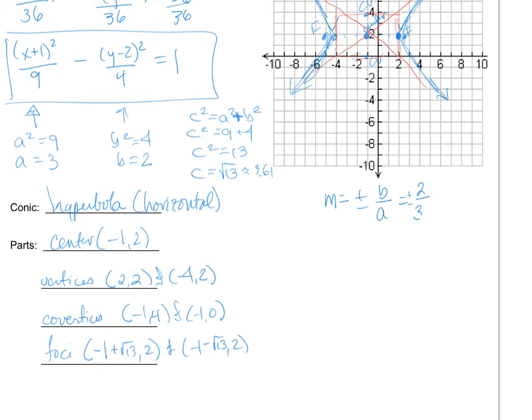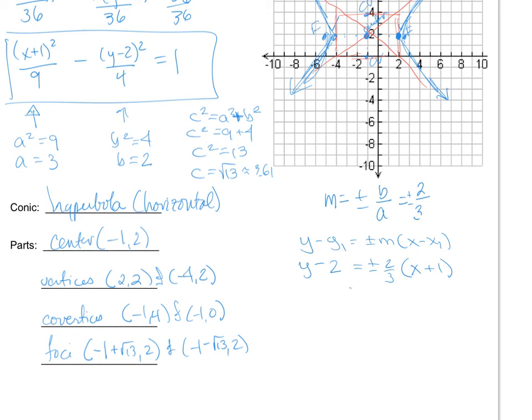Now, it's not centered at the origin, so I'm going to use the point-slope formula. y minus y1 equals plus or minus m, x minus x1, and the point I'm substituting in is the center. So the y value is 2. I know the slopes of those two asymptotes.